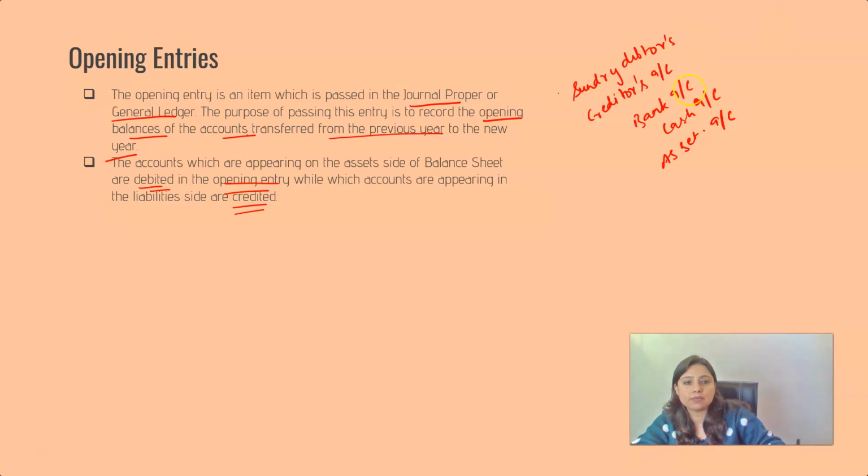For example, in case of an asset account, we will always have a debit balance, and likewise in case of a creditor's account, we will always have a credit balance. That is why we say that the accounts appearing on the asset side of the balance sheet will be debited in the opening entry, while the accounts appearing in the liabilities will be credited.